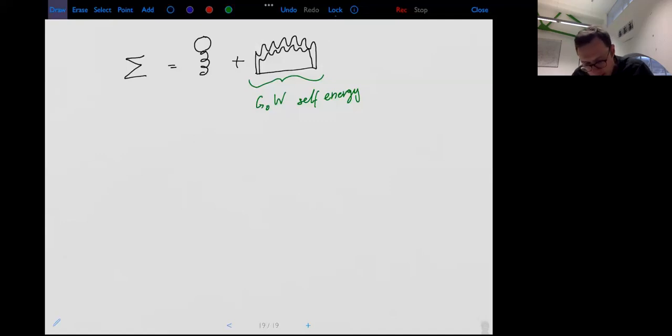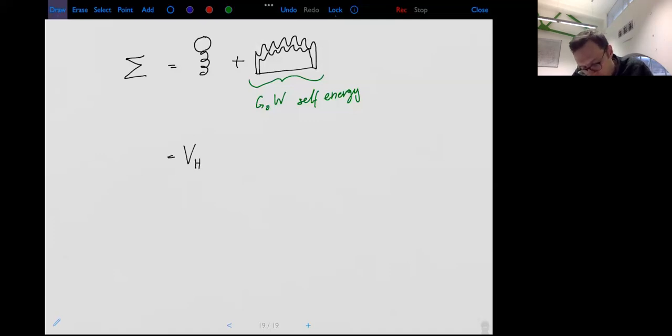And again, I can use my Feynman rules to represent these diagrams by equations.